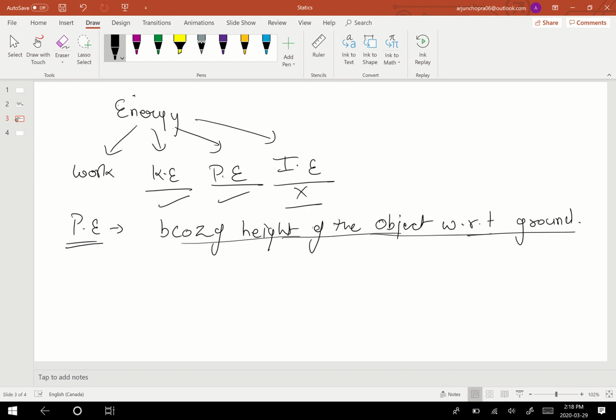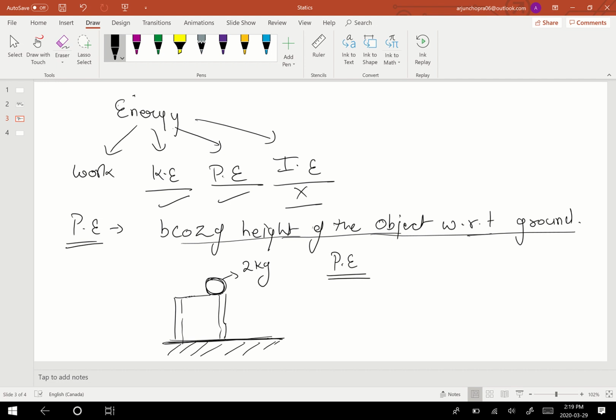Whenever I want to measure the potential energy, I'll consider a reference ground. So if this is my reference plane from where I'm considering the potential energy, and there is a table placed on this plane, and then there is an object placed here, and the mass of this object is, let's say, 2 kgs. Now I want to find the potential energy.